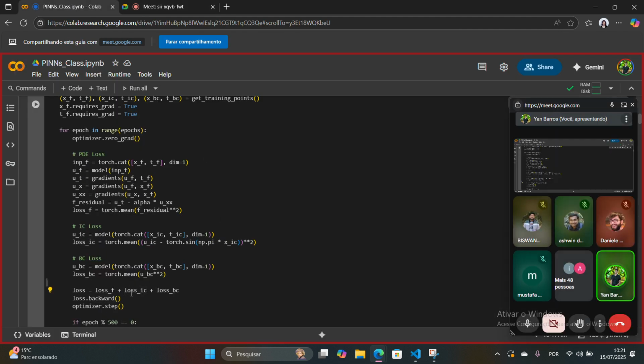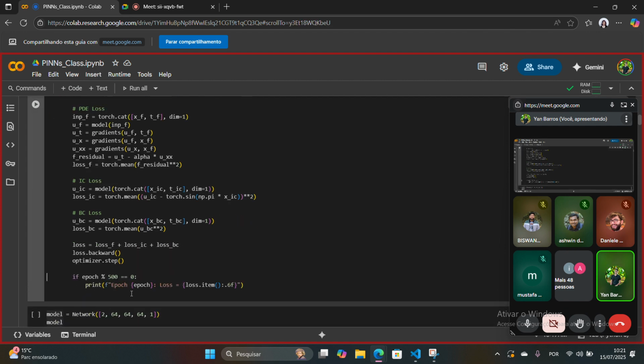So we are adding the different loss functions, the PDE, the IC, and the BC, and this will be the loss function of the neural network. In this training, we are not adding the data loss function. We are just adding the physics loss function because we are trying to explain the main concepts behind physics-informed neural networks.